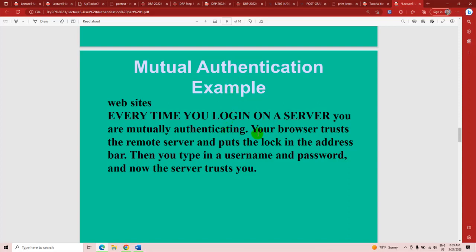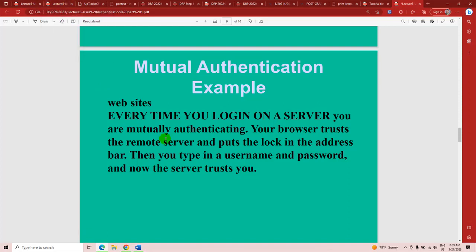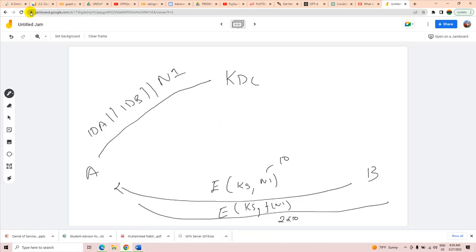Your browser trusts the remote server certificate, and you can see the lock. Once the certificate is valid, you can see the lock without any error message.